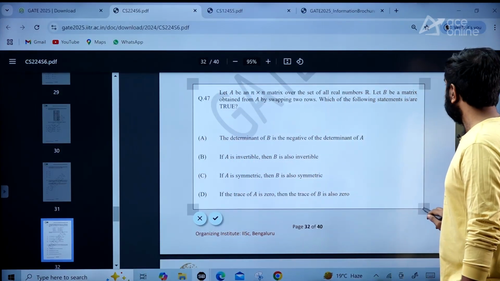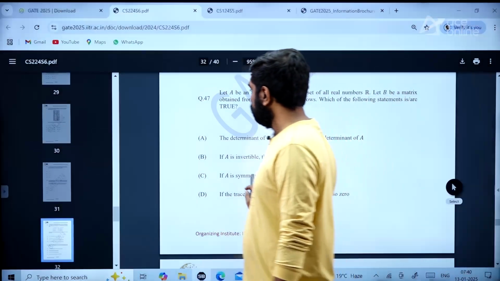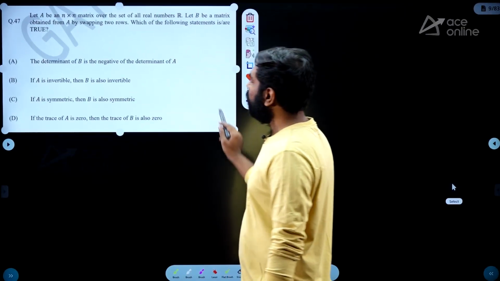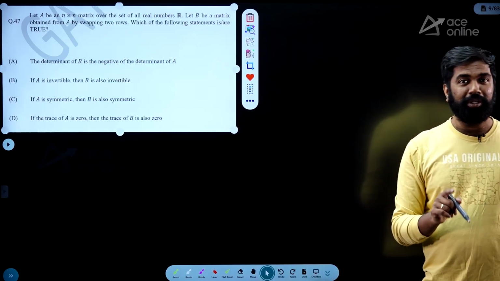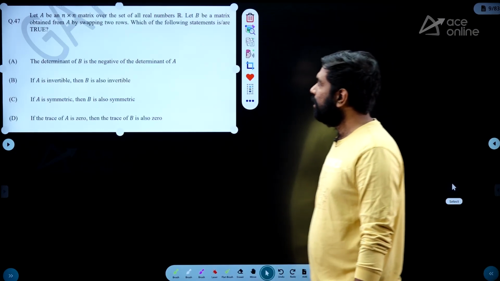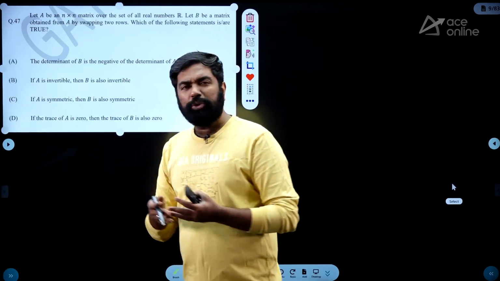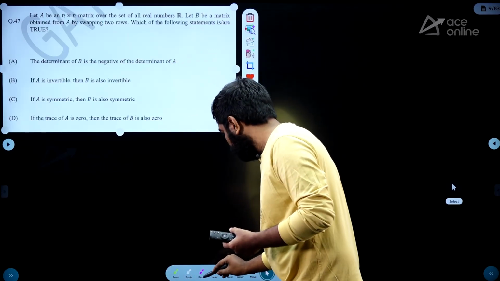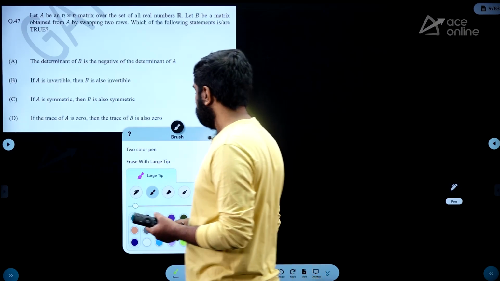This kind of question should give you a lot of confidence. I thought the question is MCQ, but it is MSQ. Swapping two rows means interchanging the two rows, so the determinant will change by a minus sign. Yes, this is true.